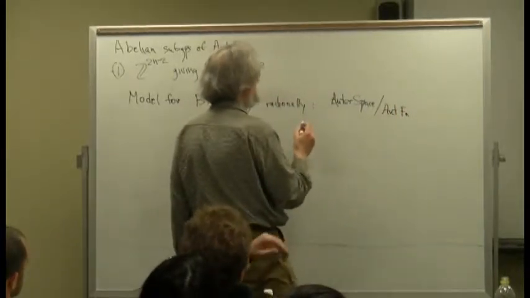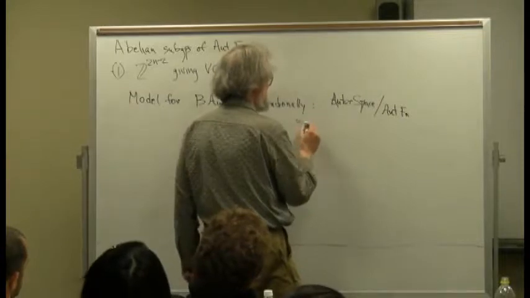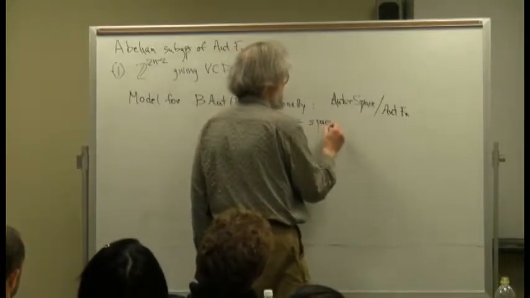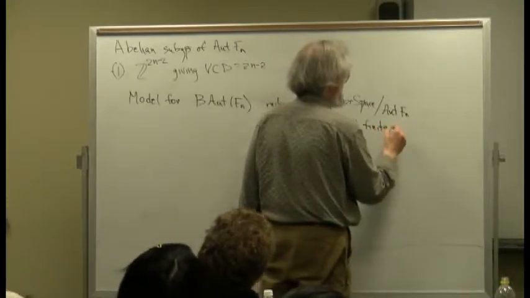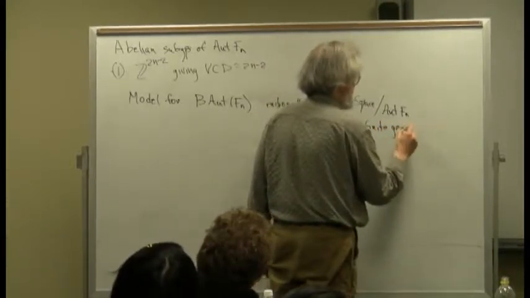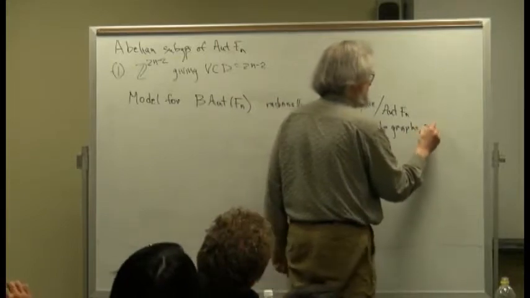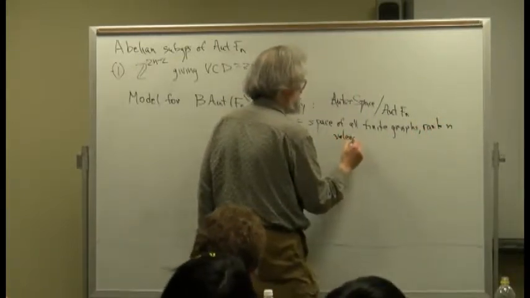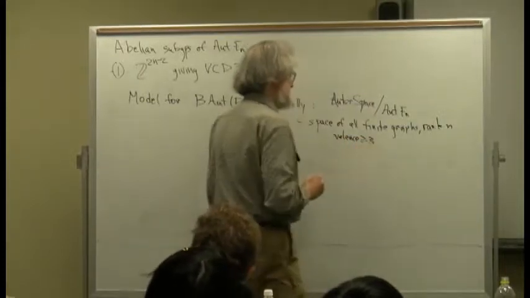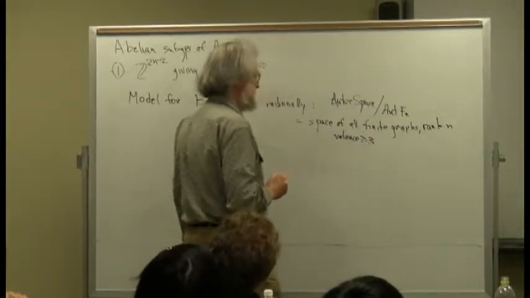But what it is is the space of all finite connected graphs, rank n. The vertices have valence at least 3. I guess that's all I need to say.